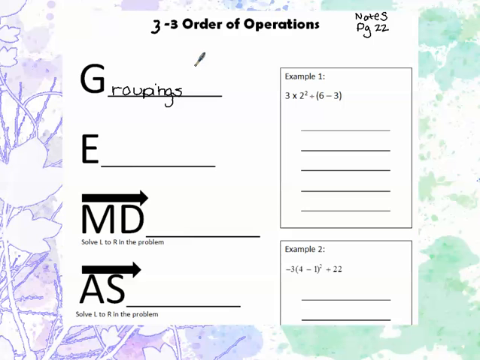Because in the groupings, we can include parentheses, square brackets, absolute value, and square roots.